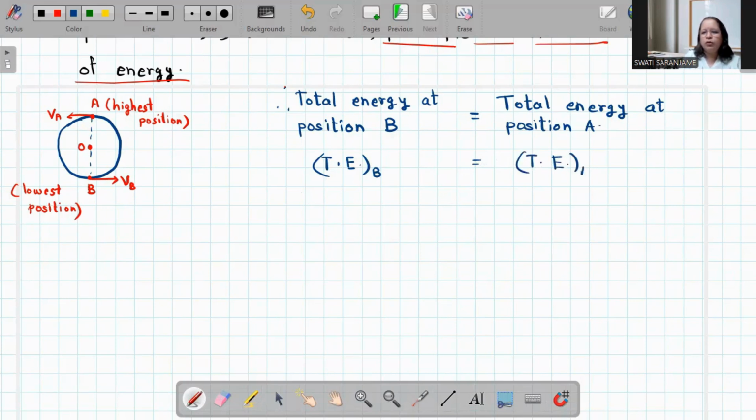And we all know total energy is nothing but the sum of kinetic energy and potential energy of the object at those respective positions.